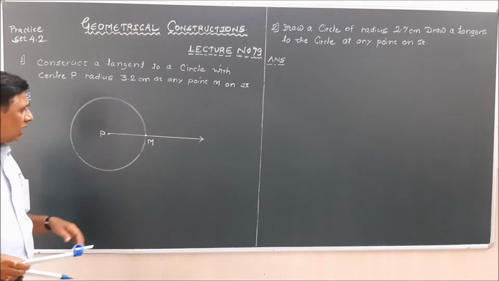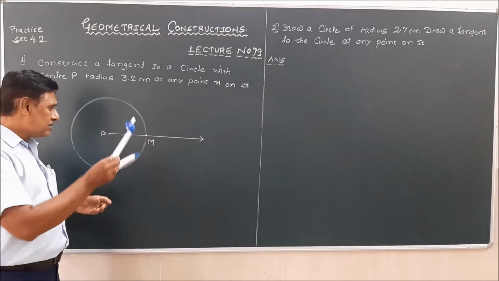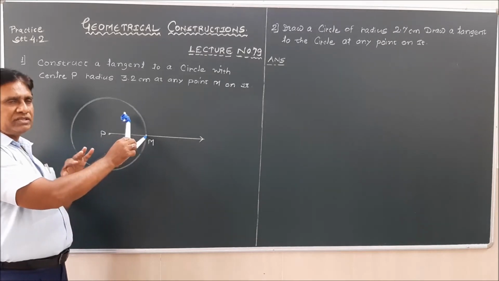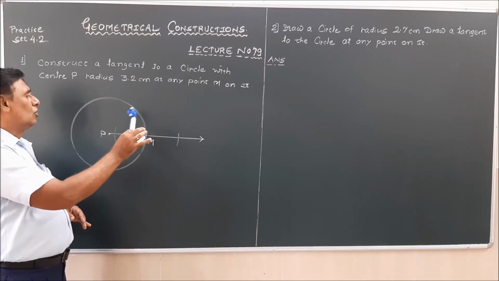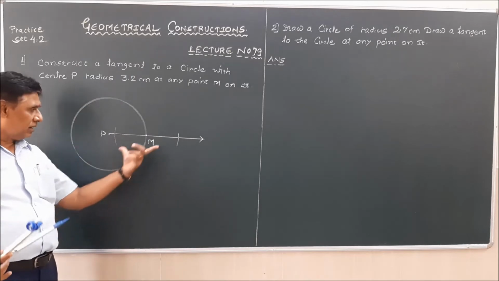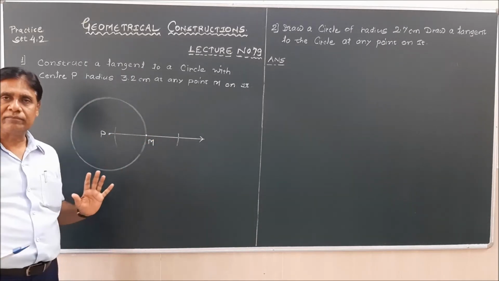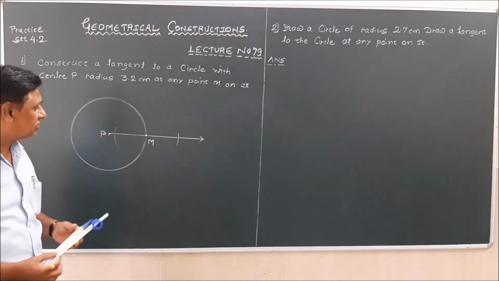Now I am going to get a segment over here. To get the segment, place the metal point on M, take any suitable distance, and draw 2 arcs on both sides of point M. Now you obtain this segment. After getting this segment, the next part is very important.